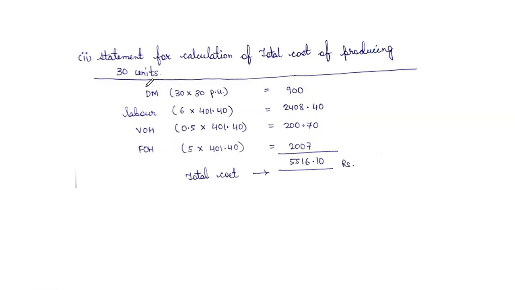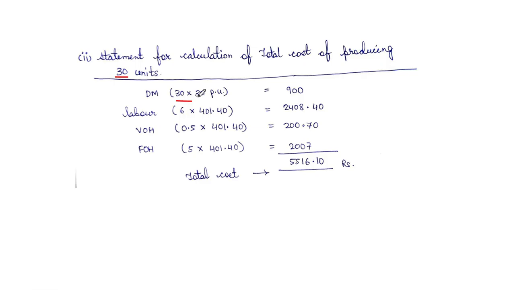So guys, simply we will make a statement for calculation of total cost of producing 30 units. So direct material. In the question it was given 30 rupees.